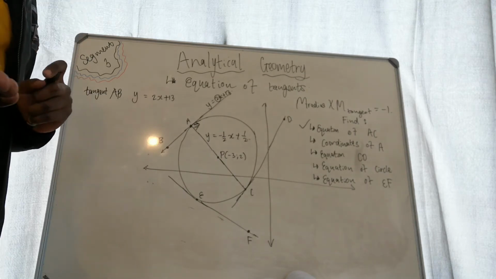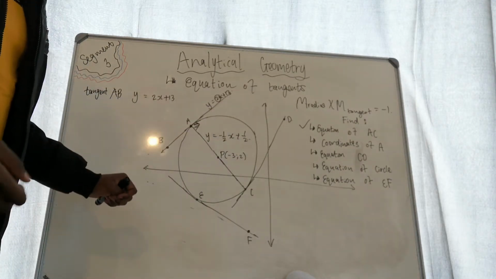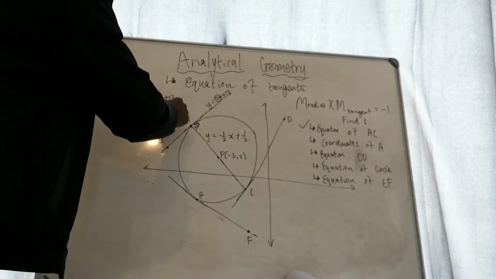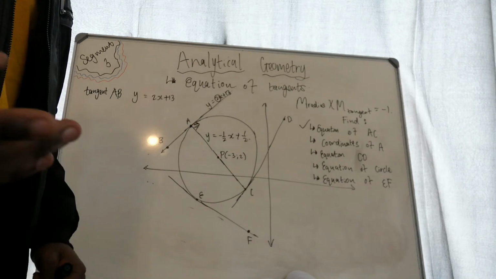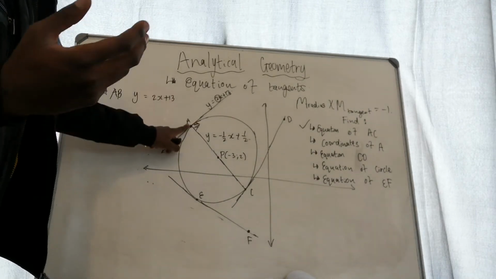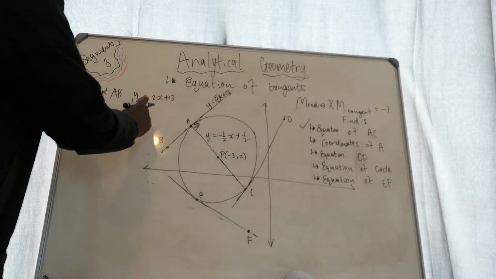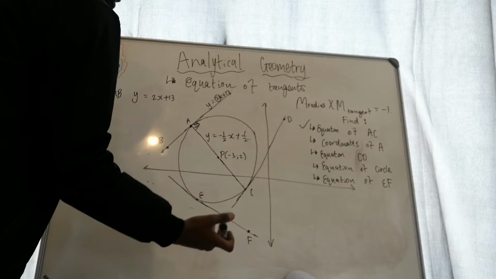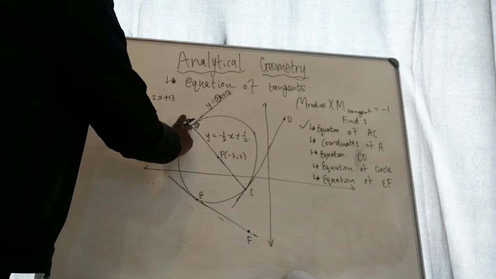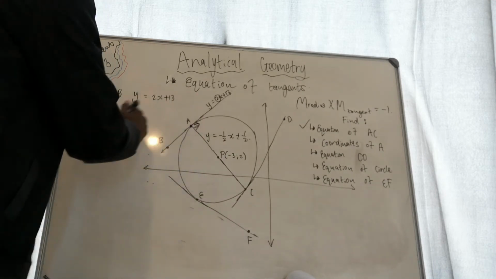First of all, what I want you to think through is that there's a line that goes like that, which we're given the equation of, and there's a line that goes like that, of which we just found the equation. So what do we do to actually find the coordinates of A? Hope you guys are alluding now that you need to equate the equations, so make them equal to each other, because at that point they will be equal to each other. So that's what I'm going to do.